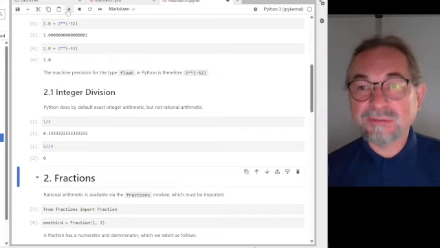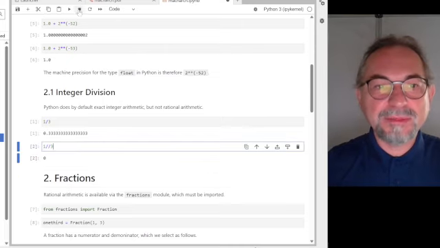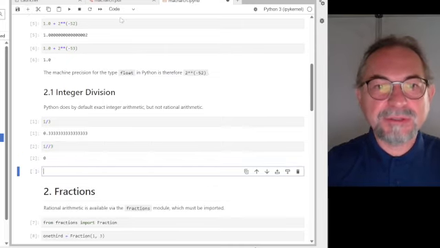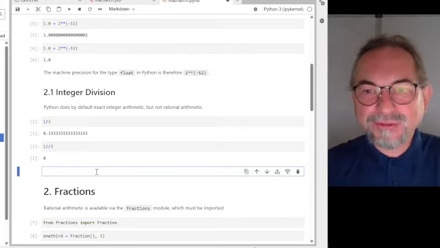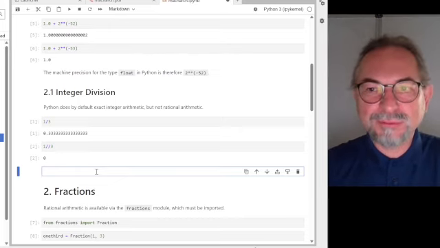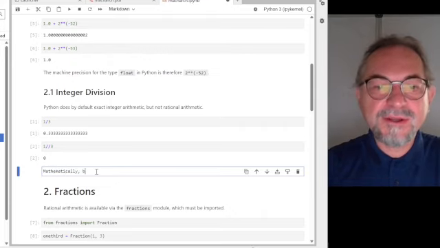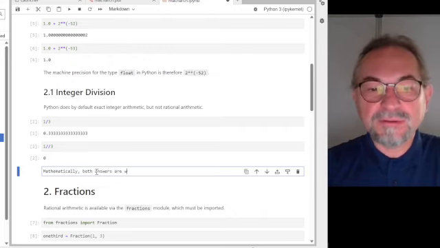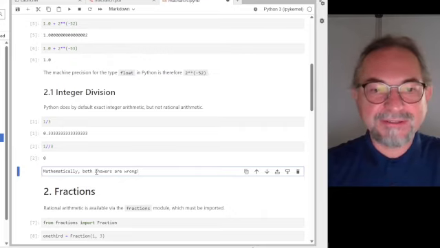So Python 3 was supposed to be an improvement, but it got it wrong, in my opinion, in both ends. So both answers are, well, they are right. So mathematically, both answers are wrong. So this is where, as a mathematician and as a computer algebraist, I should perhaps say, hey, I don't agree with this.